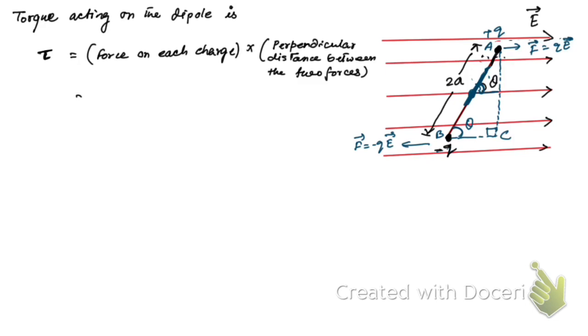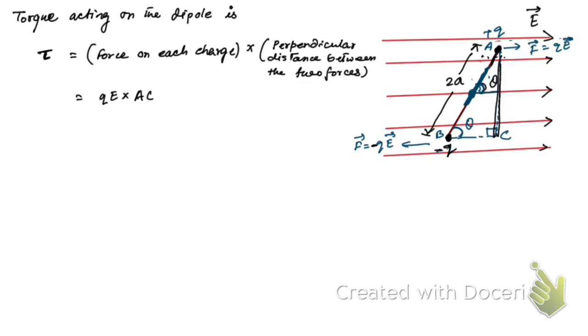Now the force acting on each charge, if you take the magnitude only, is Q into E. Because of the opposite direction I have put minus, but if you take the magnitude only, that is Q into E. And the distance between them is AC.